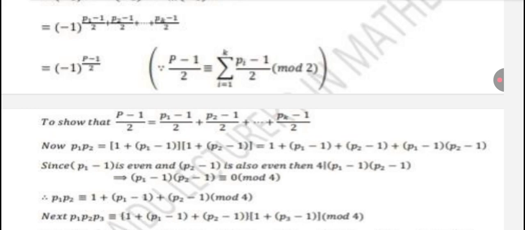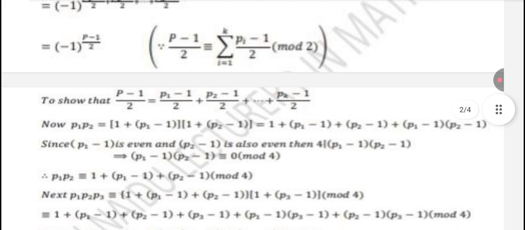So finally p1 p2 p3 is congruent to, again, the product of two factors. The first factor is 1 + (p1-1) + (p2-1), and the second factor is 1 + (p3-1) mod 4.